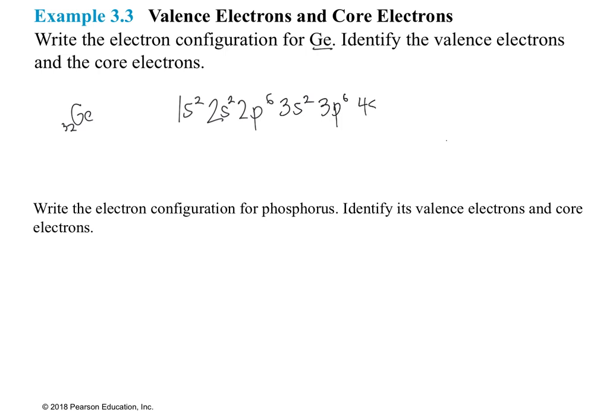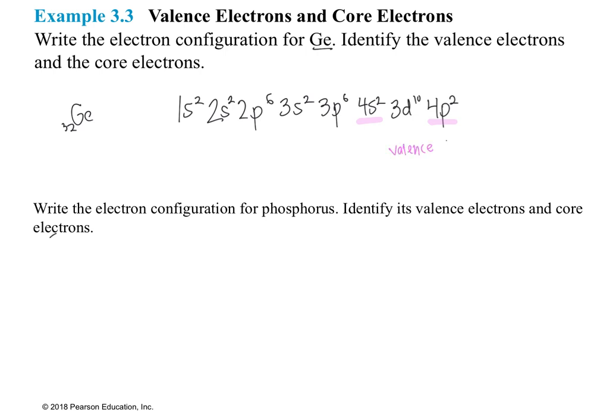We have 4s2. We have to go all the way through the 3d, so 3d10, and then it's in the 4p2 position. So first identify the valence electrons. Our highest energy level is 4, so we have 4 here and 4 energy level here. Those are our valence electrons.